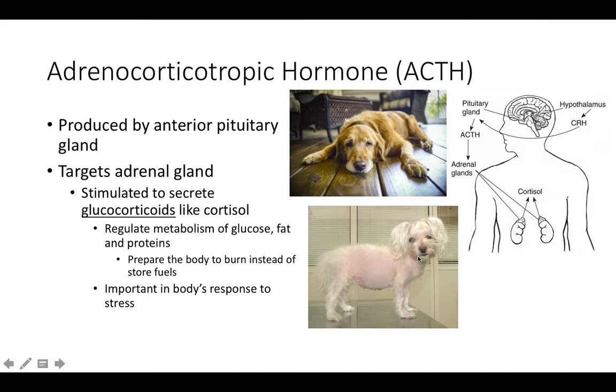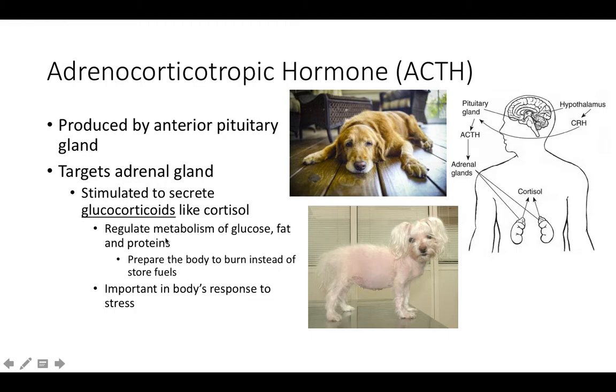So Cushing's syndrome happens when she produces too much ACTH. So maybe she has a benign tumor of her pituitary gland. Now she's producing way too much ACTH, and as a result, that adrenocorticotropic hormone is targeting this adrenal gland and stimulating it way too much. Now she's producing way too much of the glucocorticoids, okay?